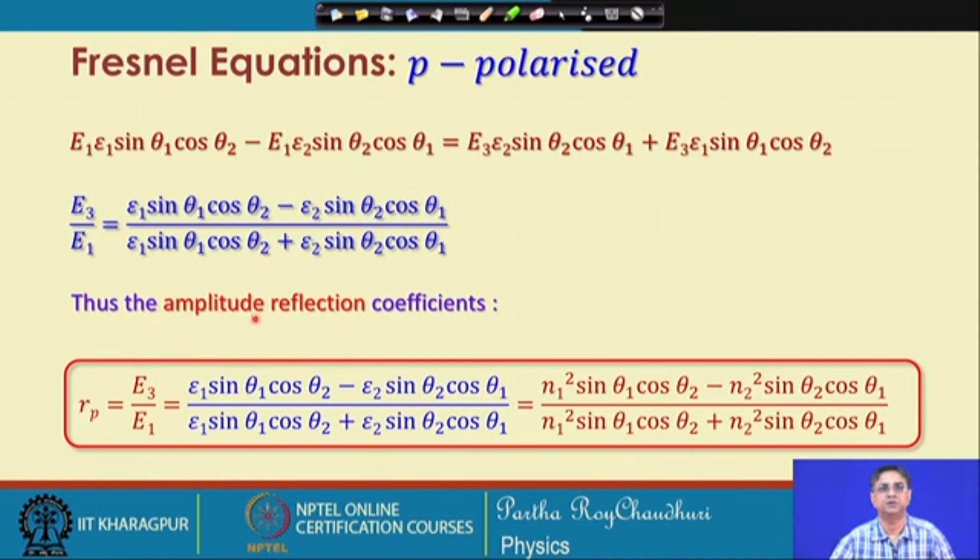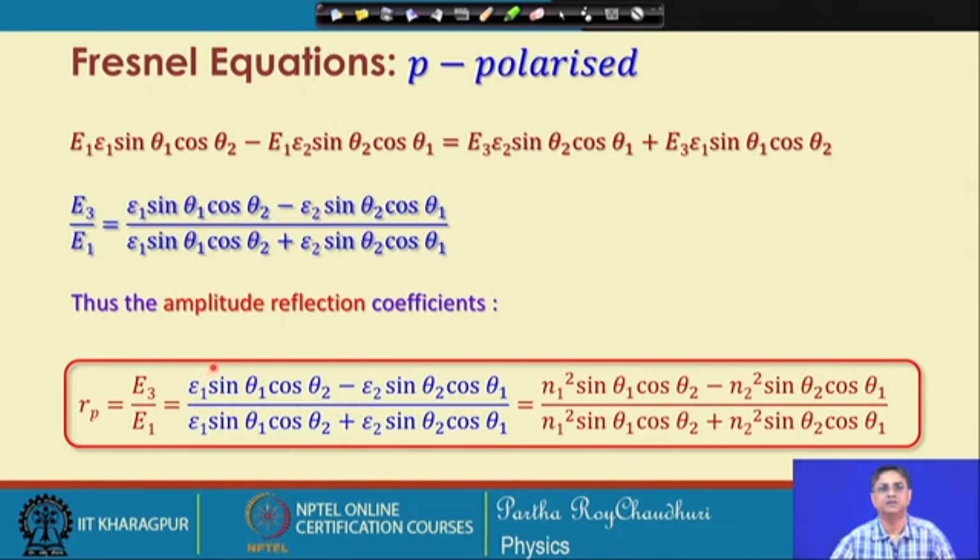This we can write directly in this form in terms of the permittivity values of the two media involved, like sin theta 1 cosine theta 2, sin theta 2 cosine theta 1, and the same expression at the bottom in the denominator, but with a plus sign between them.